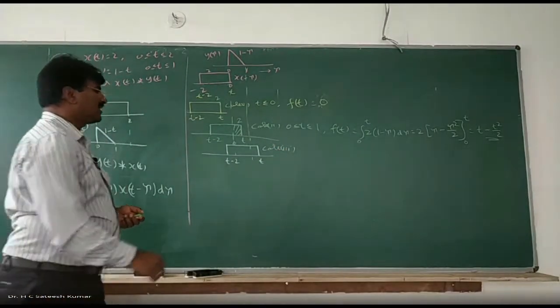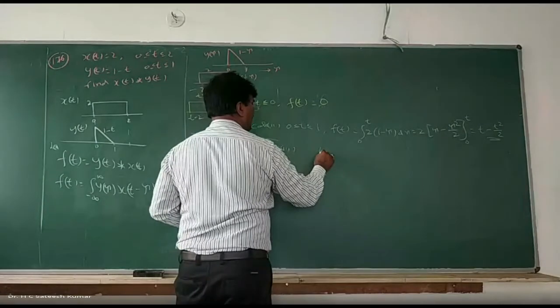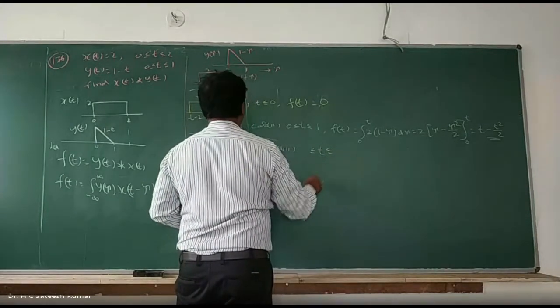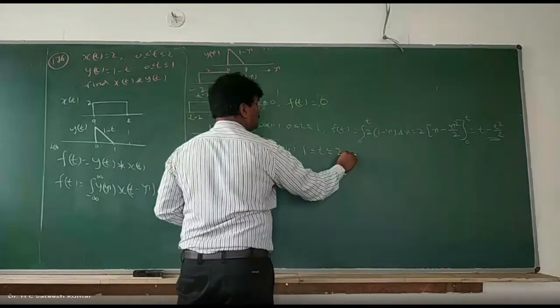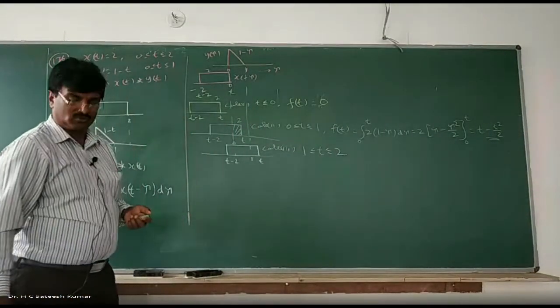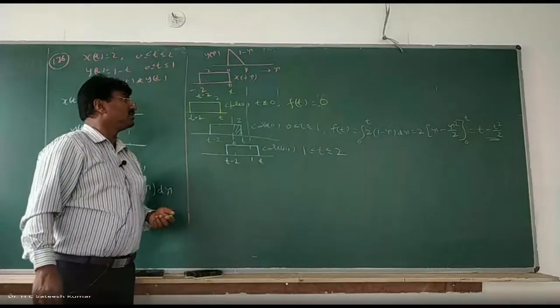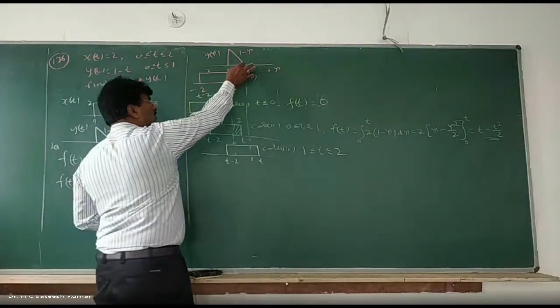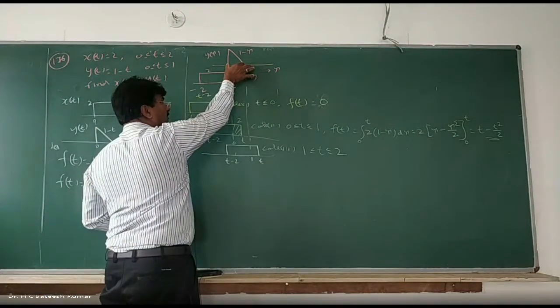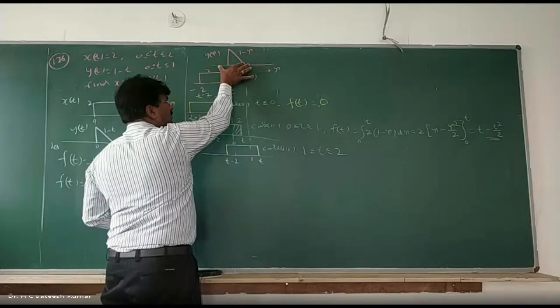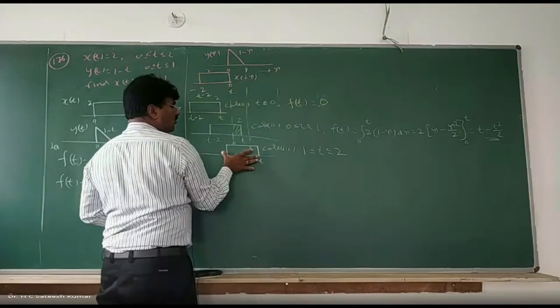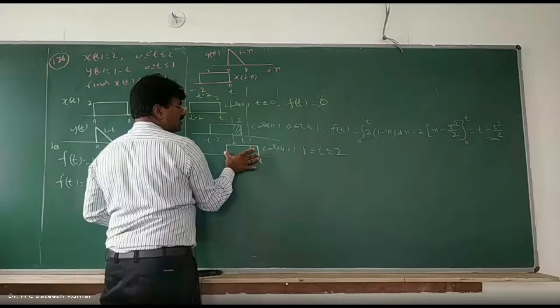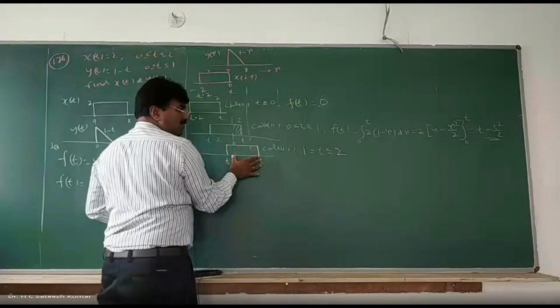So as long as t lies between 1 to 2, why is it 1 to 2? Width of the second one is 2, width of the first one is 1. So up to this point, one unit gets overlapped. If you move one more unit, the overlapped area remains the same, constant.